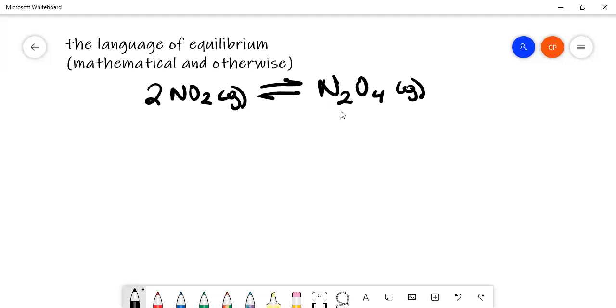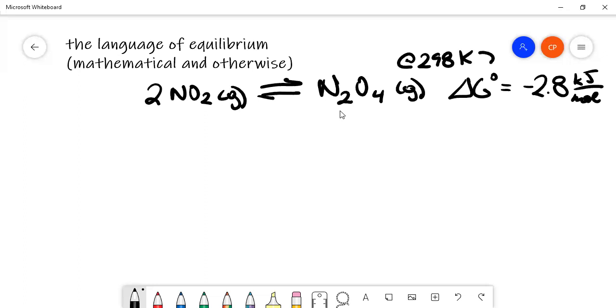I'm going to go ahead and write this down the way I remember it now so I don't have to come back and remember it later. And that reflected that the formation of this colorless gas was just a tiny bit spontaneous at 298 Kelvin. At room temperature.